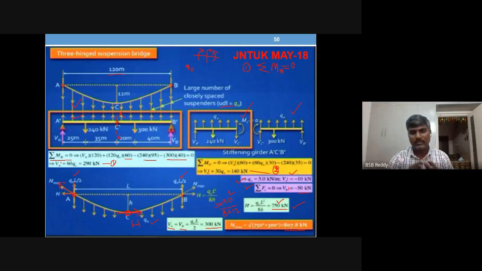So there ends the matter with the girder free body diagram. Then come back to the free body diagram of the cable. Okay, then solve for the H value, the horizontal thrust in the cable, and also the support reactions VA, VB. Once you solve them, then you are able to get the maximum cable tension at the supports.